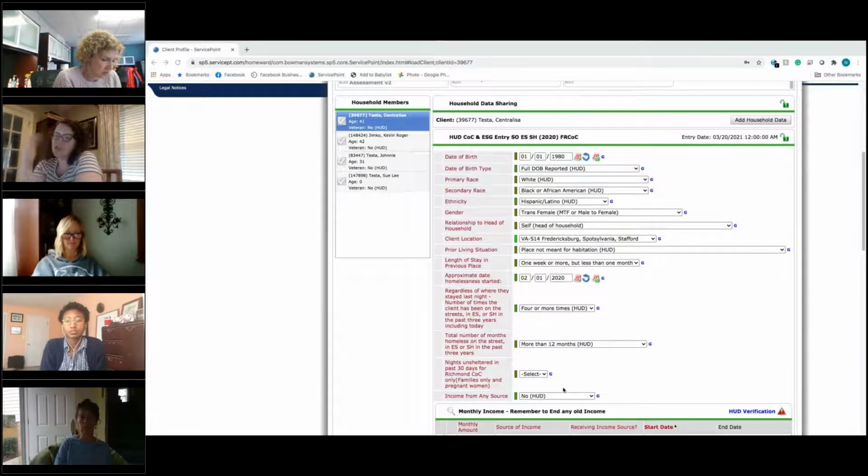We do have a cheat sheet we'll send you along with the slides that details all of these, but a break in homelessness means 7 nights or more in some kind of permanent housing situation, basically a sheltered situation in which they paid for themselves or they stayed with a friend or something, or 90 days in an institution.